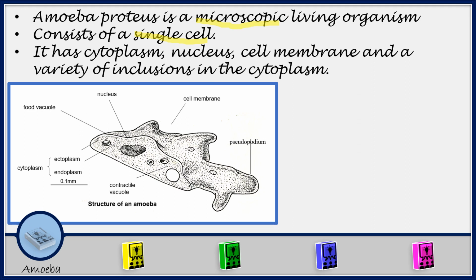It has different parts or structures, which include the cytoplasm. It has a nucleus, cell membrane, and a variety of inclusions in the cytoplasm.